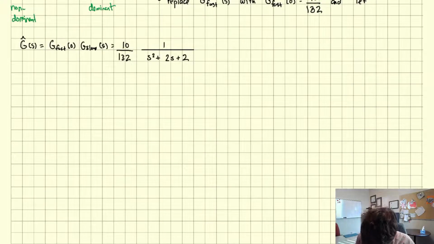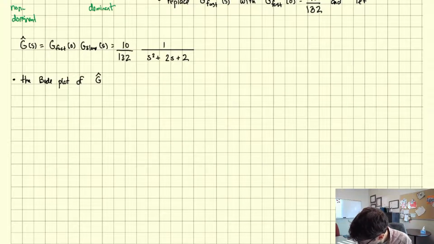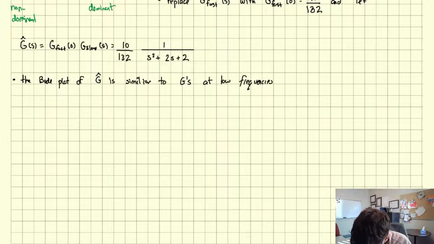So the Bode plot of G hat is similar to G's at low frequencies, indicating that they're producing similar outputs at those frequencies. Okay, fine, that's a specific example.